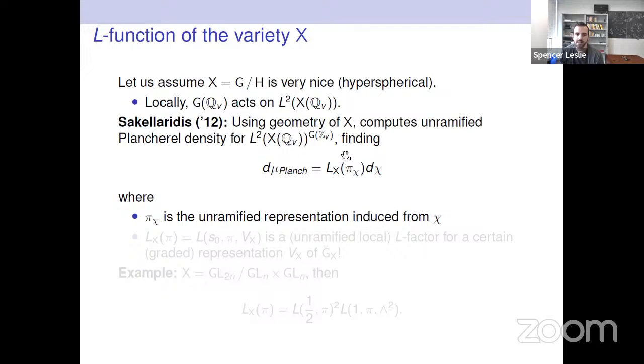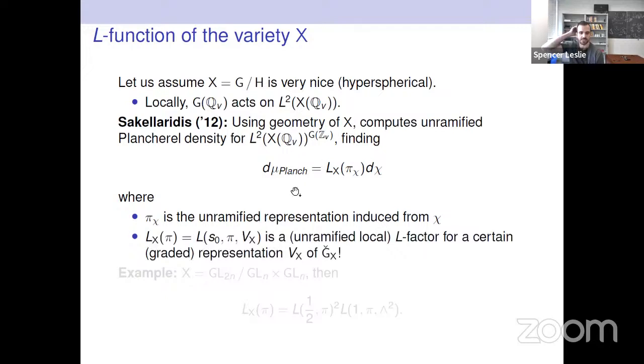And the point is that the density itself is precisely an unramified local L factor for a certain representation, which I've called V_X, of the dual group of X. So this, in particular, has built into the harmonic analysis, the local harmonic analysis of your group acting on the variety, the knowledge of a particular L function associated to a particular representation, not of the dual group of G, but rather of the dual group of the variety.